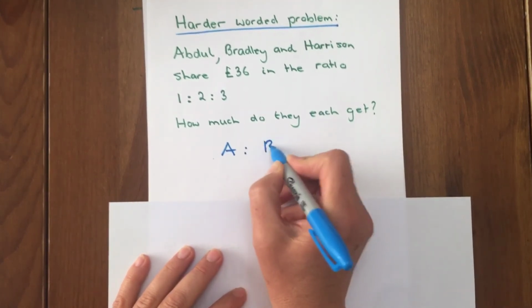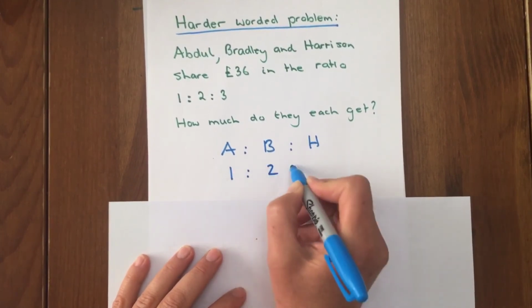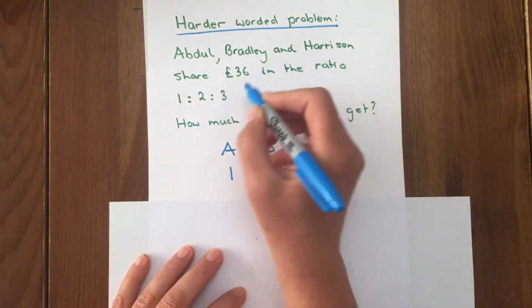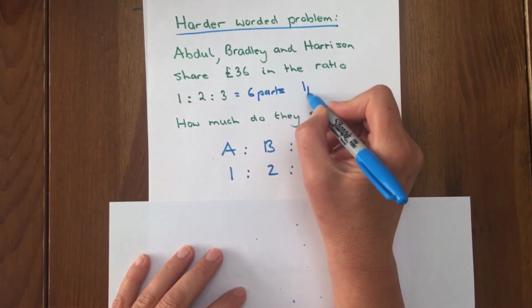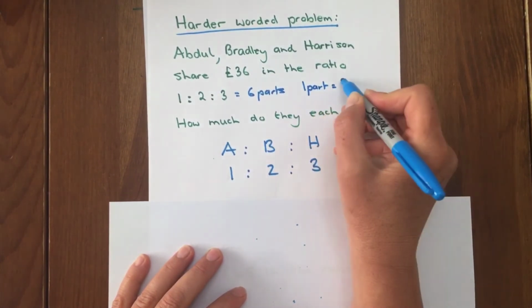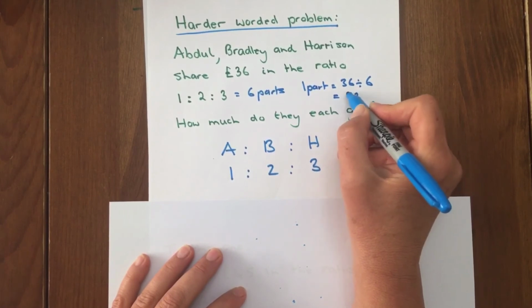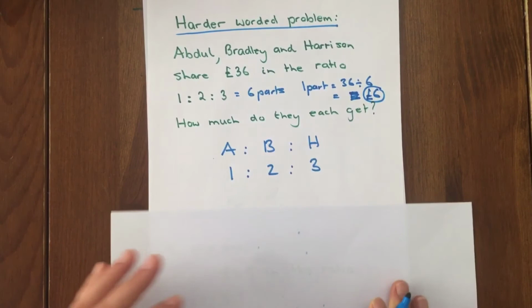Abdul, Bradley, Harrison share 1 to 2 to 3. So how many parts have I got? I've got 6 parts. So one part is 36 divided by 6, which is £6. So one part is £6.